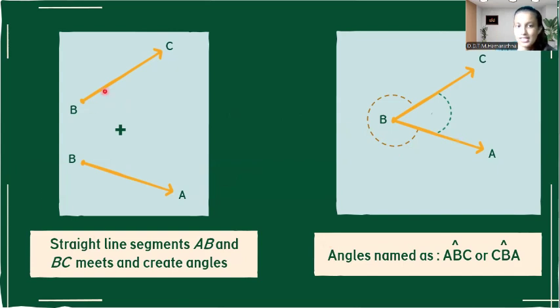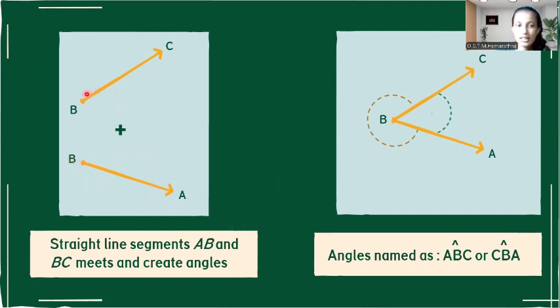Normally, when we see this picture, you can clearly identify that there are two line segments, the AB straight line and the BC straight line. At the two ends of this line, there are two letters, A and B, so we call this straight line the AB line.